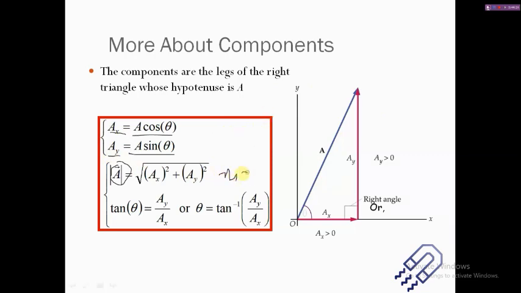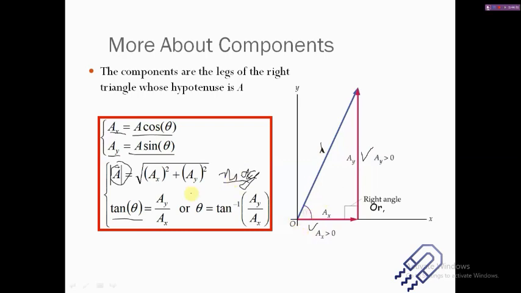Don't get confused here. If I know the magnitude of a vector, I can also find out the angle of the vector in the same direction. So what was tan theta? Tan theta is opposite side divided by adjacent side, so perpendicular divided by base, right?